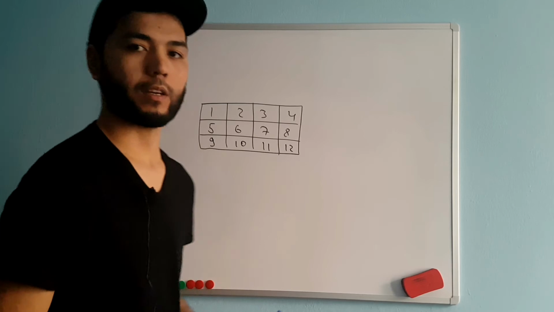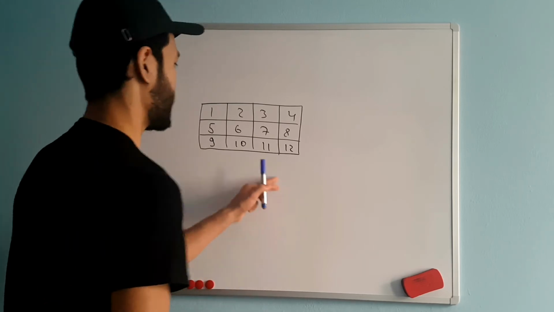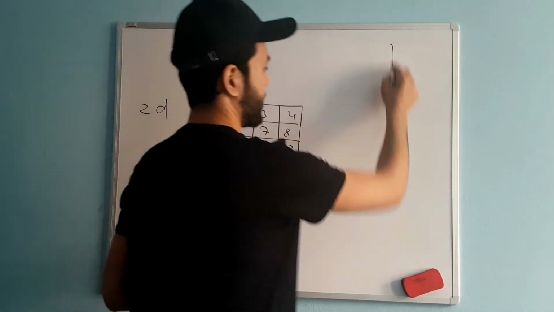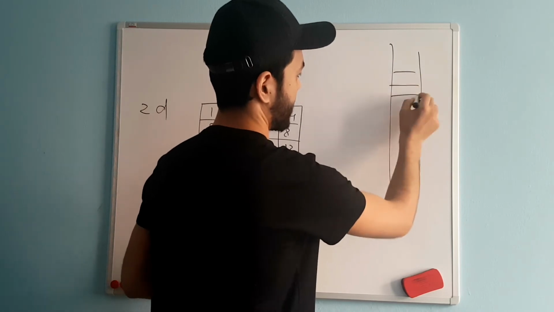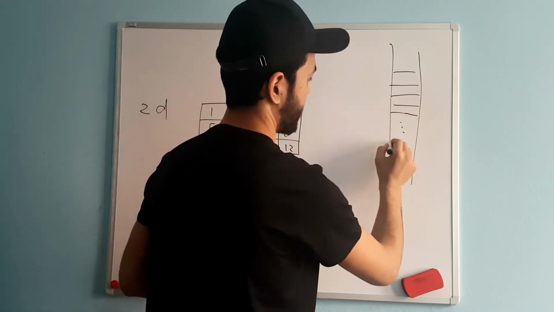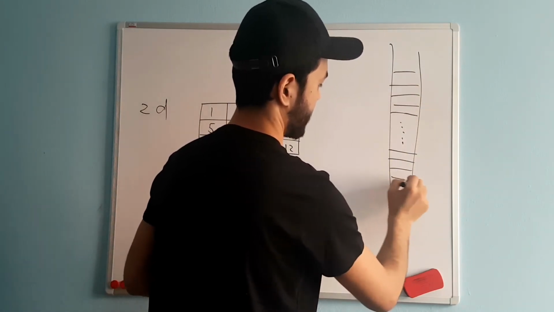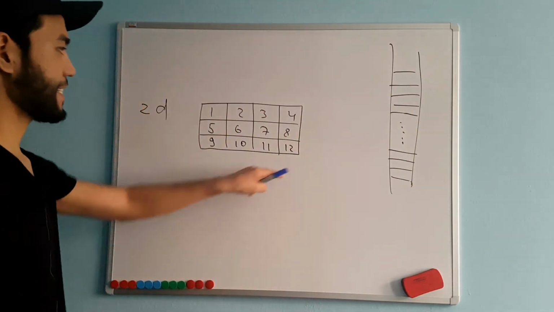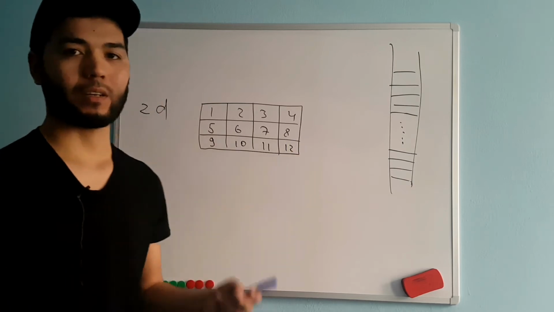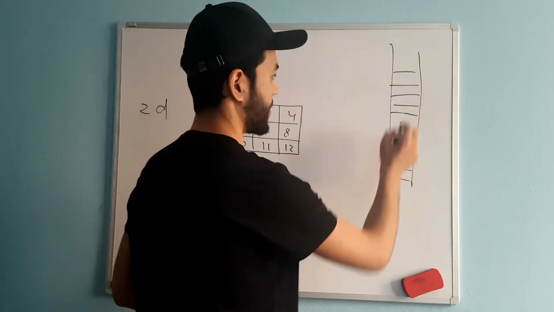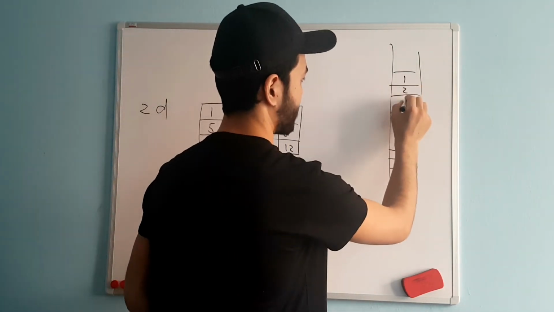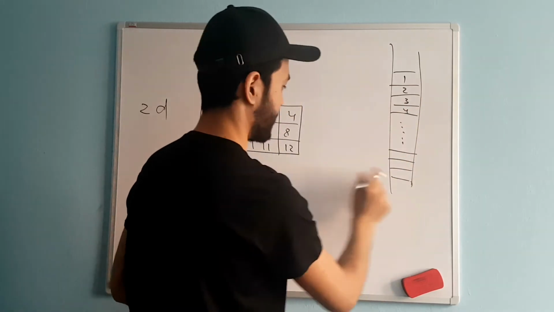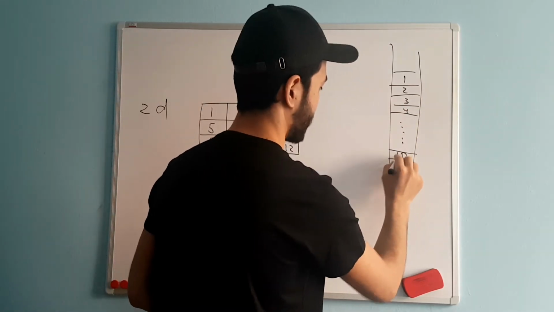Okay, we're going to see how a two-dimensional array is represented in memory. We have a two-dimensional array and we have a memory. Every cell is 4 bytes here, and these numbers are also represented in memory sequentially, like this: 1, 2, 3, 4, and then we have 12, 11, and 10, like this.